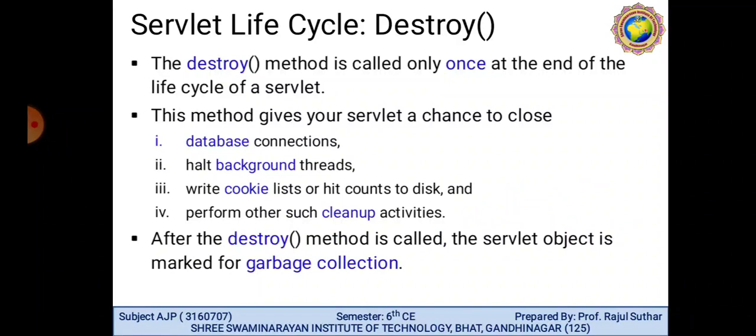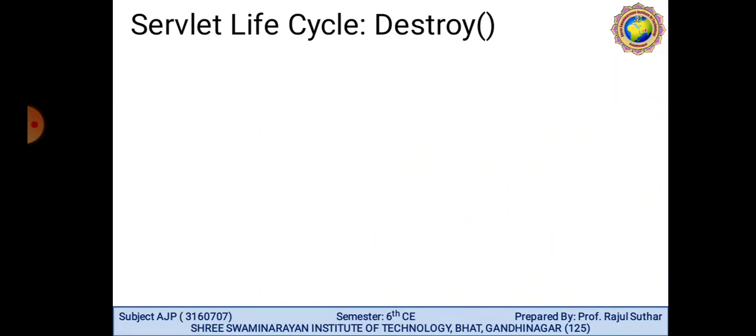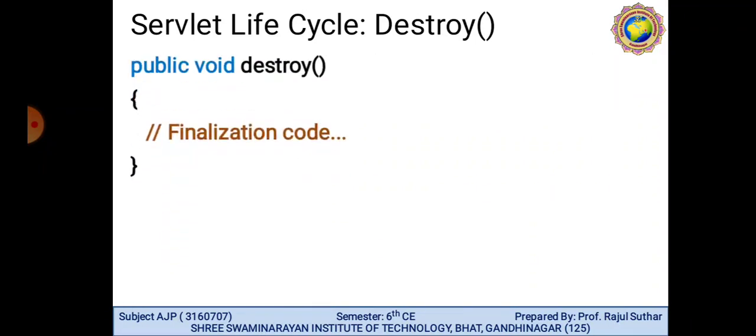After the destroy method is called, the servlet object is marked for garbage collection. The destroy method is used like public void destroy, and in the body we can write finalization code.